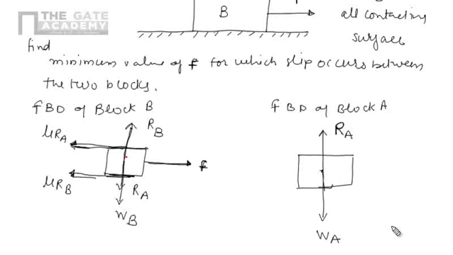For B, the RA is like that. For A, RA will be in the upward direction. So we have considered this WA and the reaction, and now we will consider the frictional force.